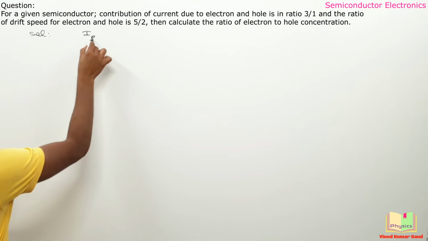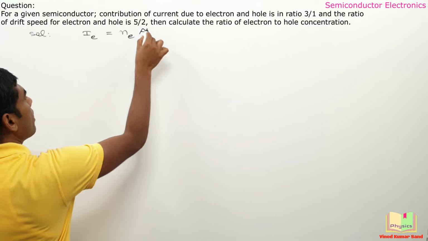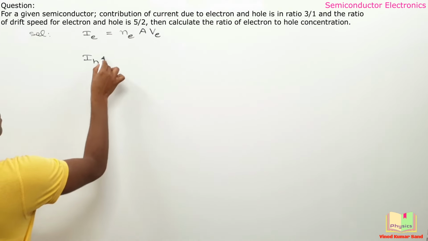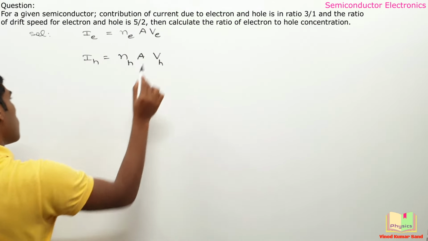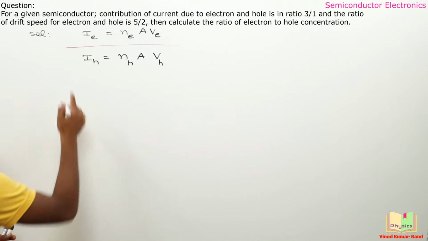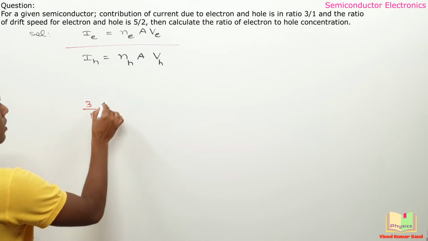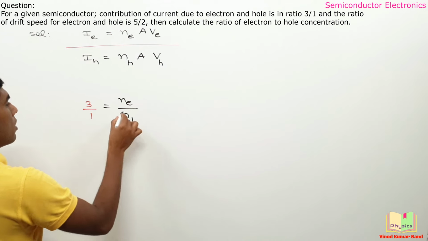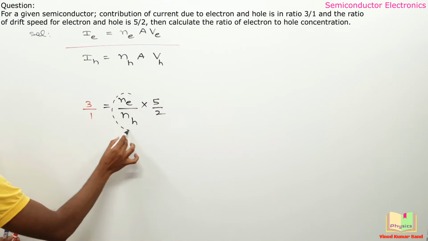We know that electronic current is equal to N_e A e V_e. Similarly, the current due to the holes is equal to N_h A e V_h. According to the question, we have the ratio I_e by I_h is 3:1, and N_e by N_h is our requirement.